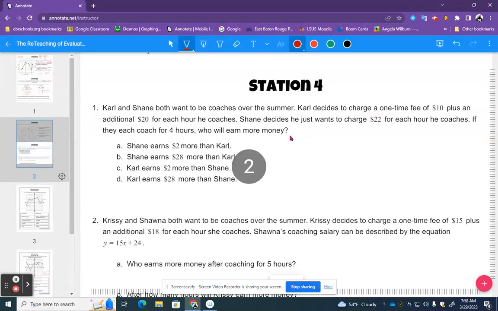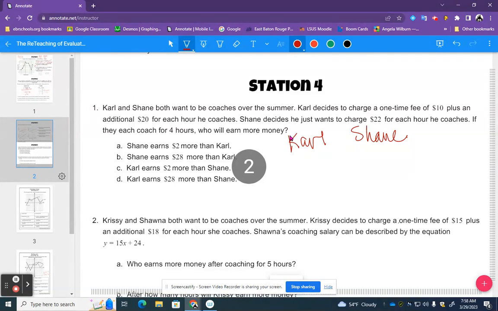Carl and Shane both want to be coaches over the summer. Carl decides to charge a one-time fee of $10 plus an additional 20 for each hour.